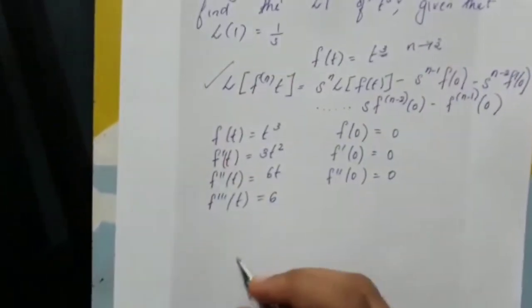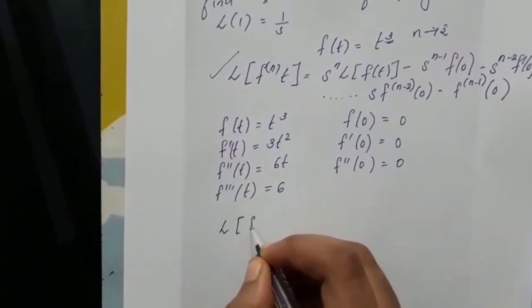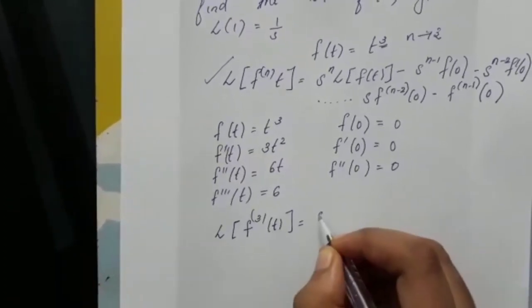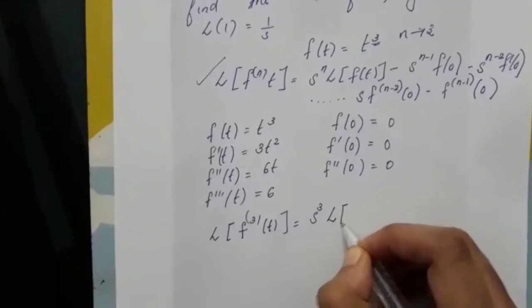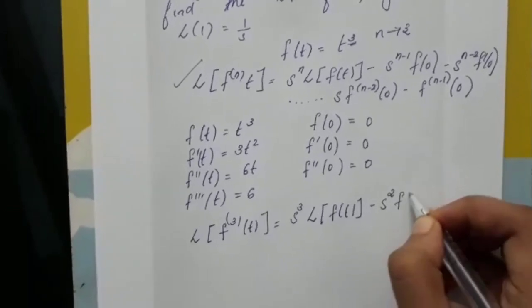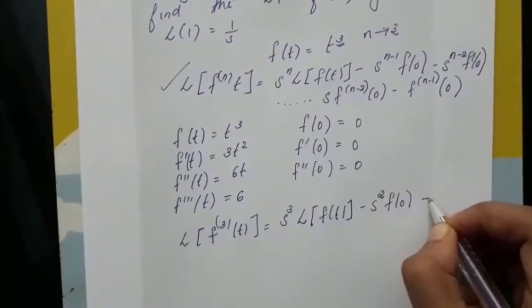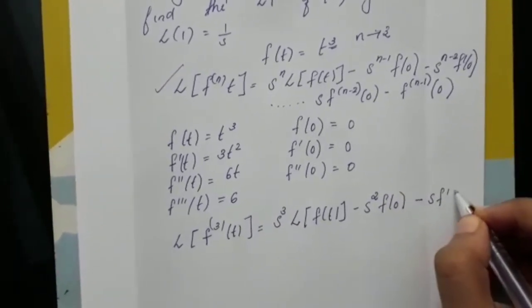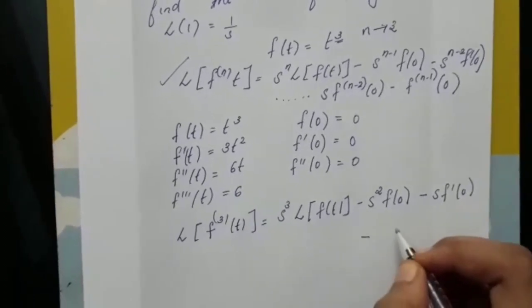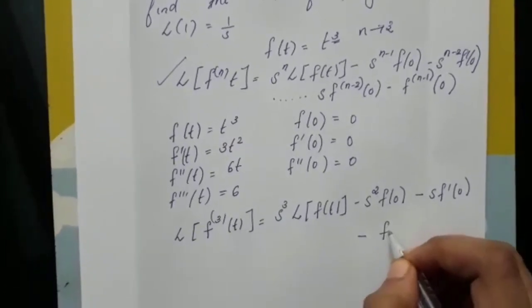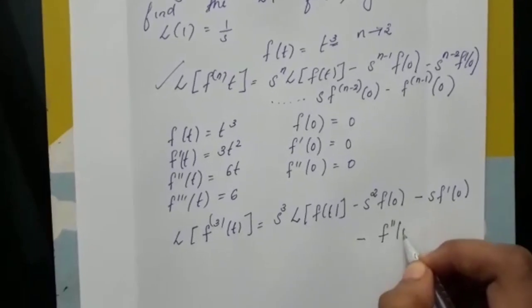So I am rewriting this property, that is L of f triple dash of t is equal to s raised to 3 L of f of t minus s raised to 3 minus 1 is 2 f of 0 minus s raised to 3 minus 2 is 1, so s into f dash of 0 minus s raised to 3 minus 3, that is s raised to 0 is 1, so into f double dash of 0.